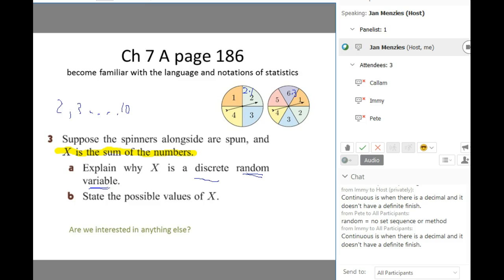So time can be split up to more and more precise, or weight or height, something that we measure, or concentration. Though actually when you get down to concentration, because atoms are discrete, you could argue that concentration was discrete. So sometimes when we get to huge numbers of tiny things, it looks continuous but is actually still discrete.